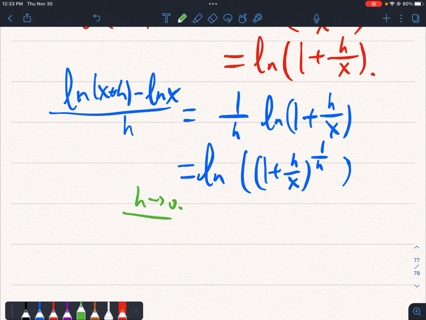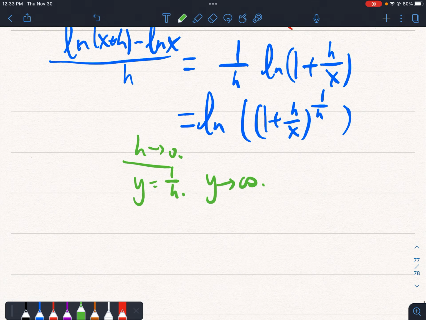I mean, you can also have different ways to prove it, but maybe just spend a while to prove this is true. So you can see here, h will go to 0. But actually, you can just rewrite this by denoting y as 1 over h. So then y will go to infinity, right?